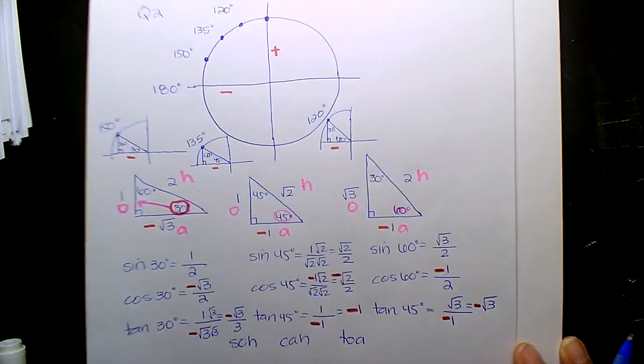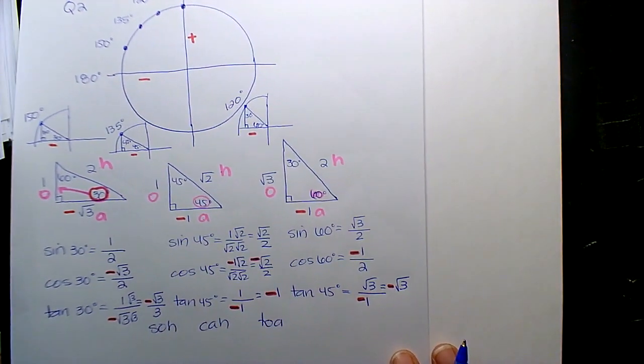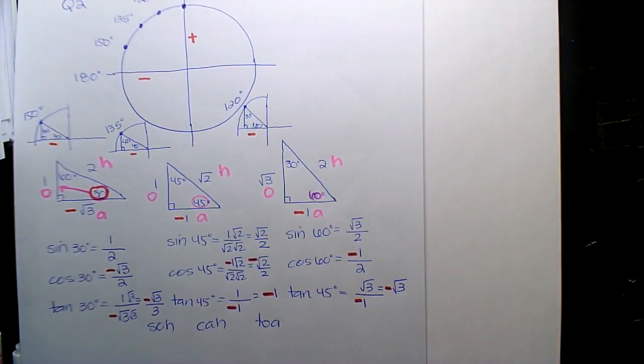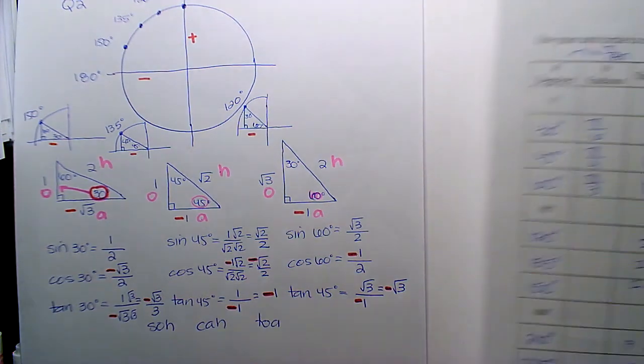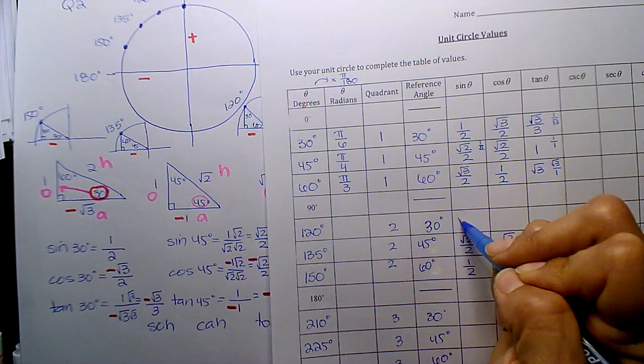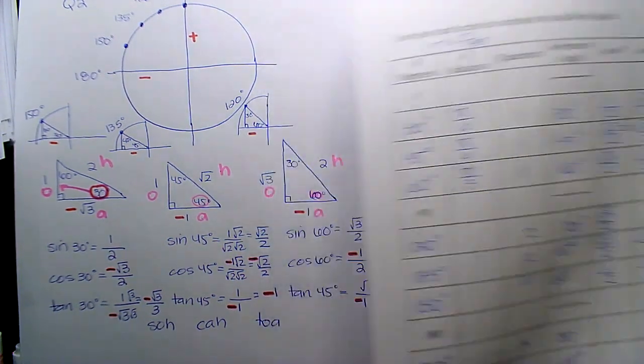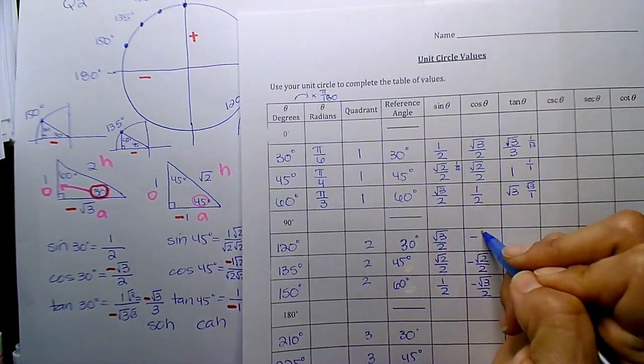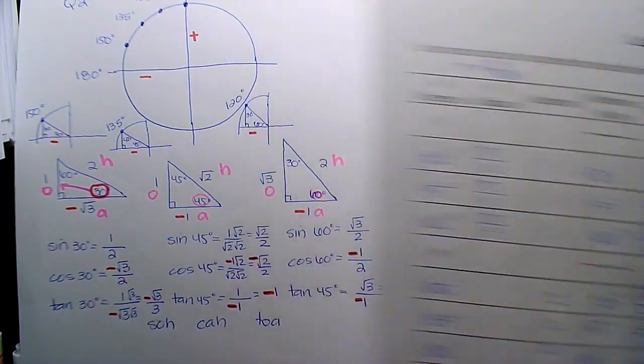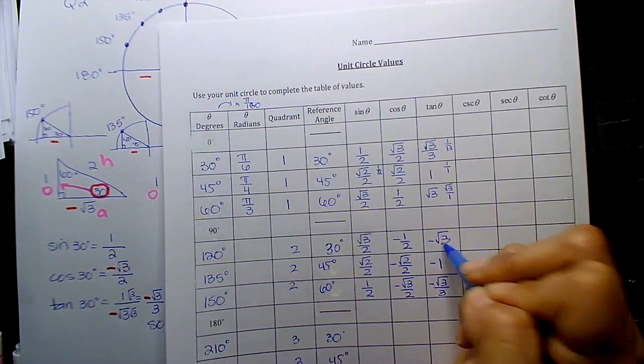So tomorrow, I'll encourage you guys to give quadrant 3 a try, and then try quadrant 4 and see if you can build them. I'll help you out because both the x and the y are negative. What am I doing? Rad 3 over 2, -1/2, negative rad 3.